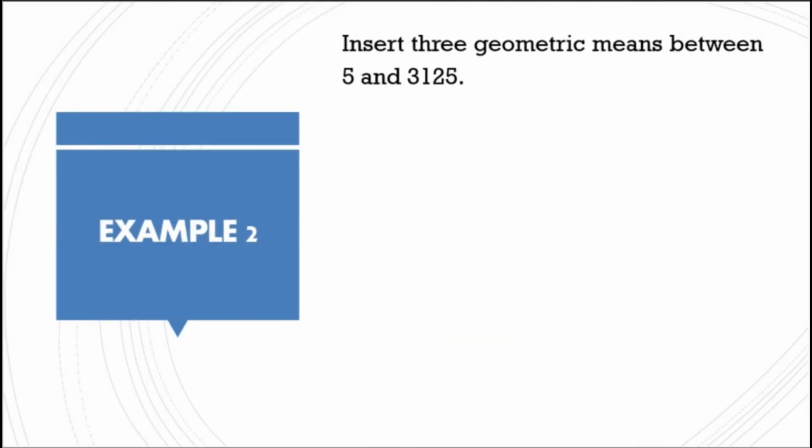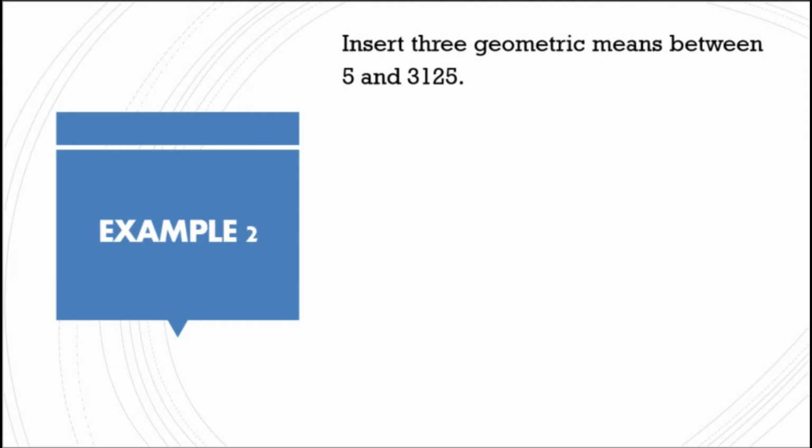We now move on to our second example. Here, we need to insert 3 geometric means between 5 and 3,125. As mentioned, we will be identifying 3 terms, so the formula that we used in the first example is not applicable here.